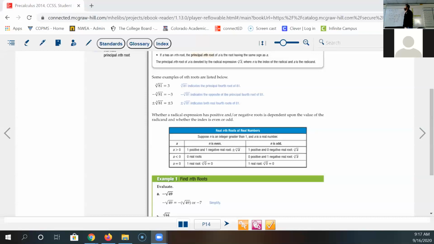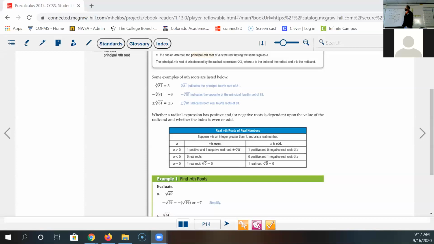Okay, so that's it. A is positive and n is even. If A is positive and n is odd, you can see that we have 1 positive and 0 negative real roots. What that's saying is because our radicand is positive, we cannot get that by multiplying a negative number against itself an odd amount of times.